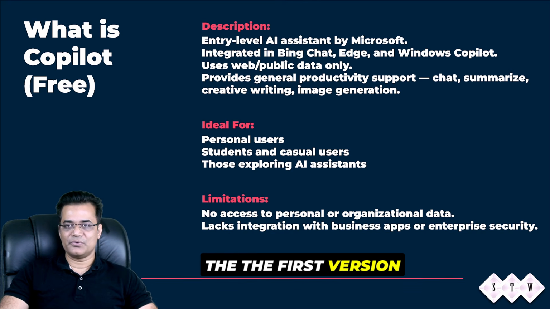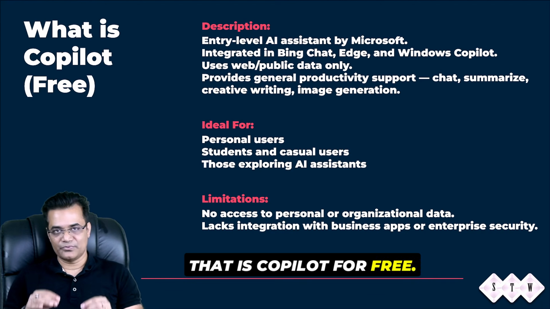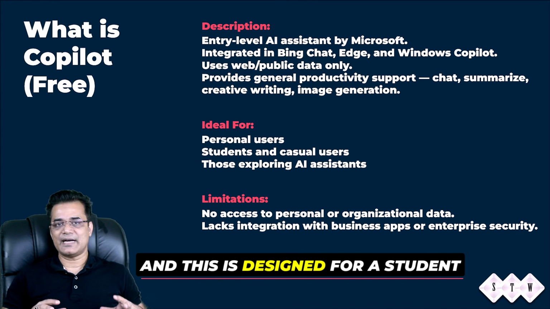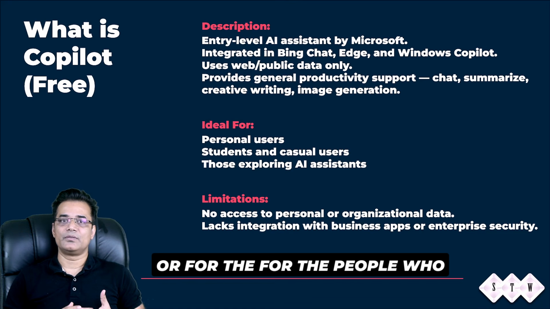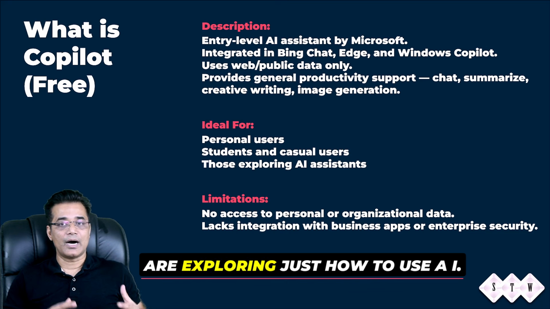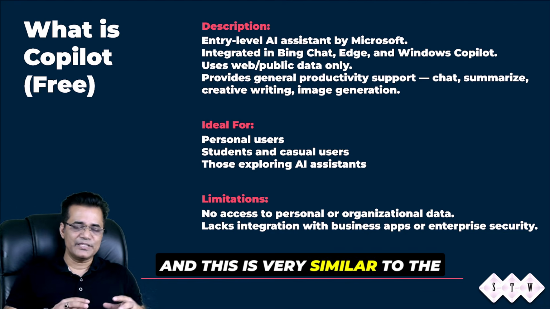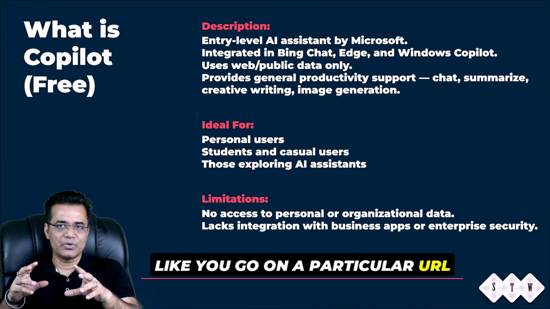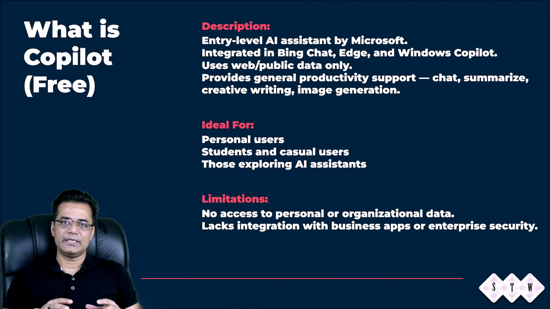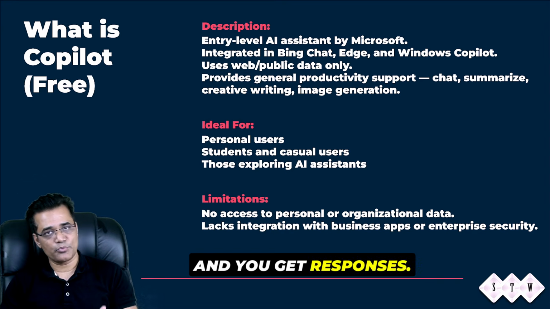The first version, the free version, is Copilot for free, and this is designed for students, individuals, or people who are just exploring how to use AI. This is very similar to ChatGPT: you go to a particular URL, and that is where you communicate with it and get responses.